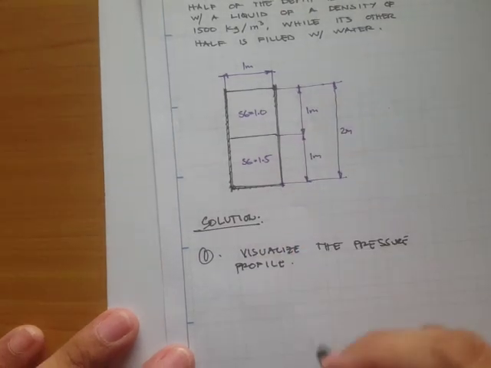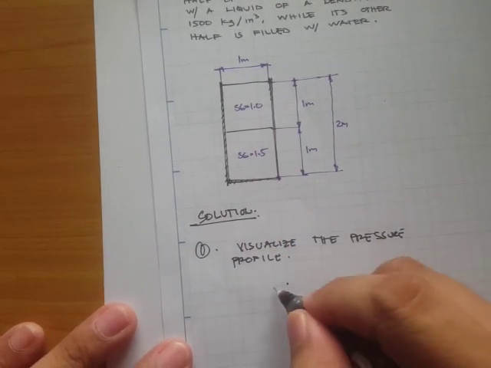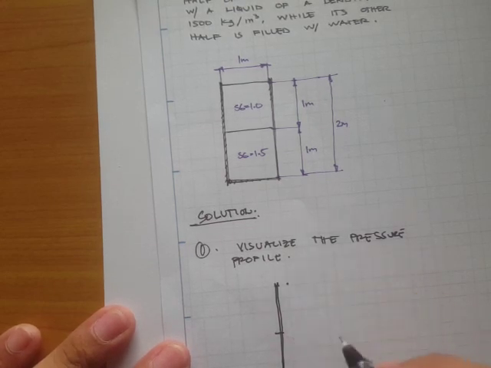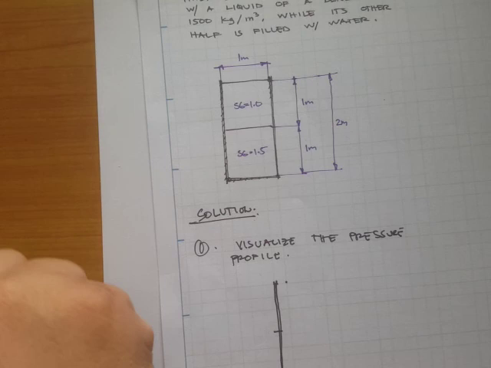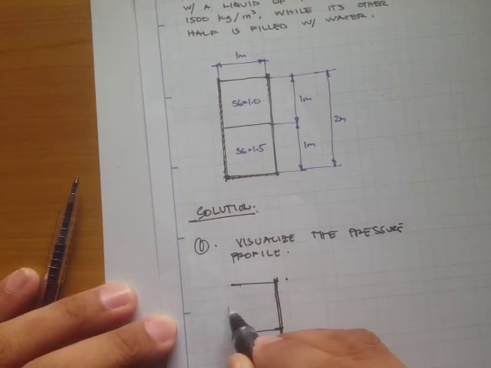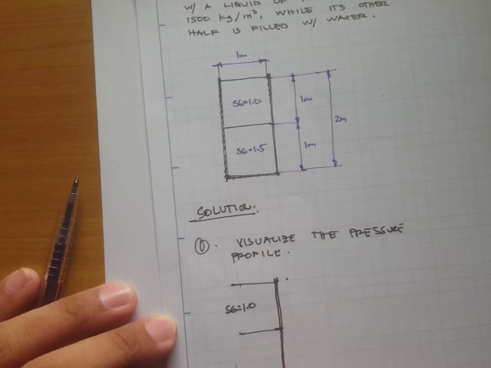Since this is a square, we can just choose whichever side. Now we have Sg is equal to 1.0, and this one is Sg is equal to 1.5.